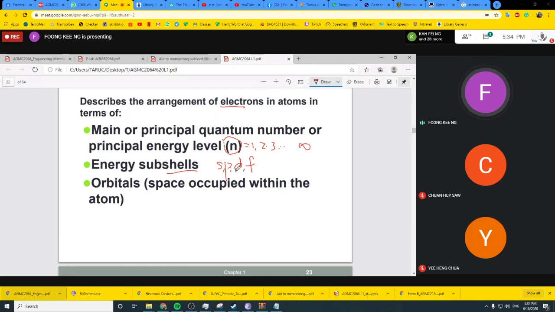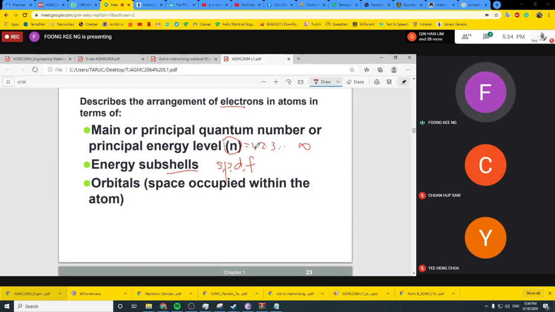In the condominium reference, on every single floor there will be 1 unit at each corner, and this is repeated. The same goes for the quantum number levels. There will be one s subshell, one p subshell, one d subshell, and one f.